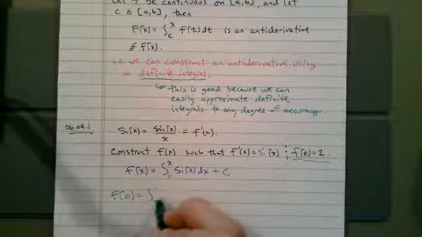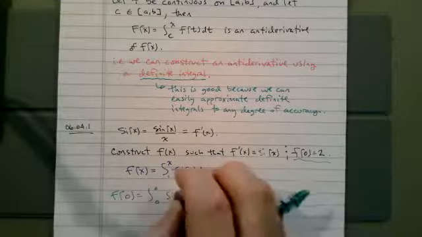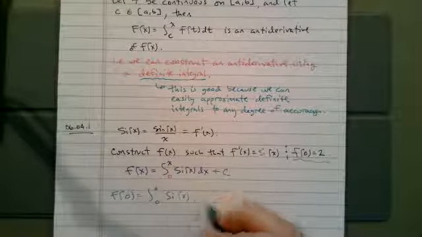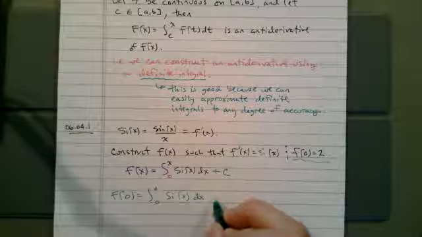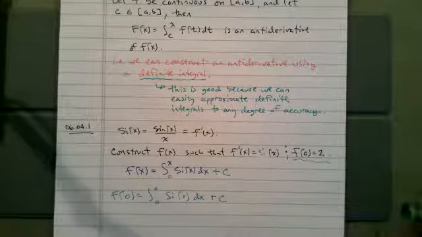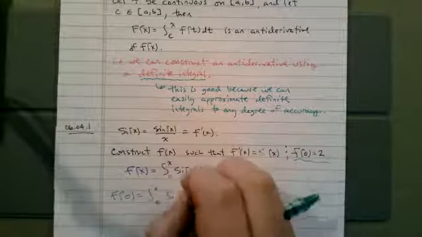And then if we use our initial value to find the plus c, that'll be the integral from 0 to 0 of this function. Call it sine again. I finally figured out what was distracting me. I put the x's in here, and they should be t's.